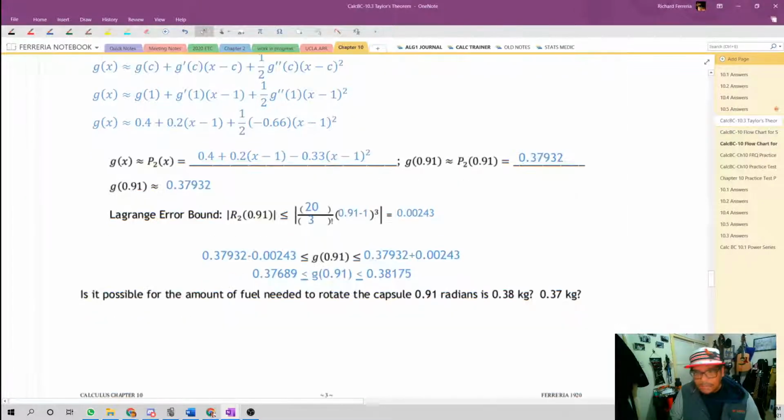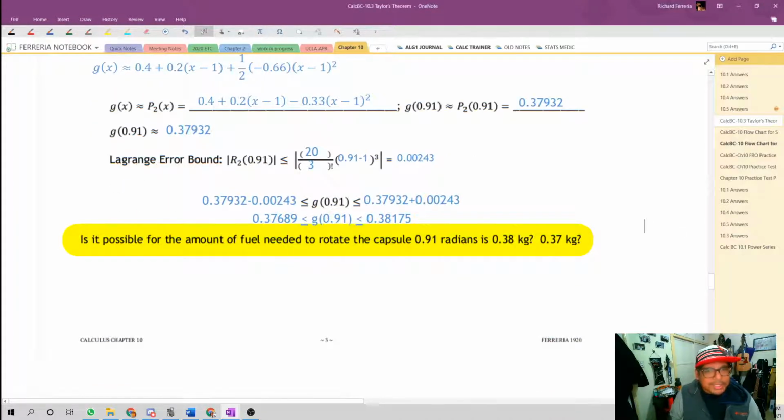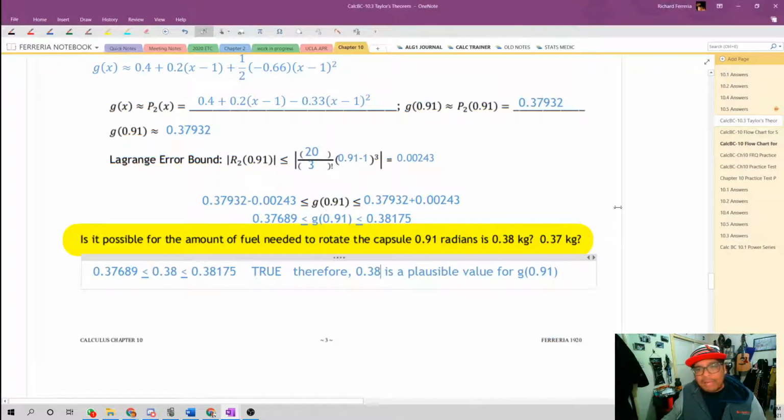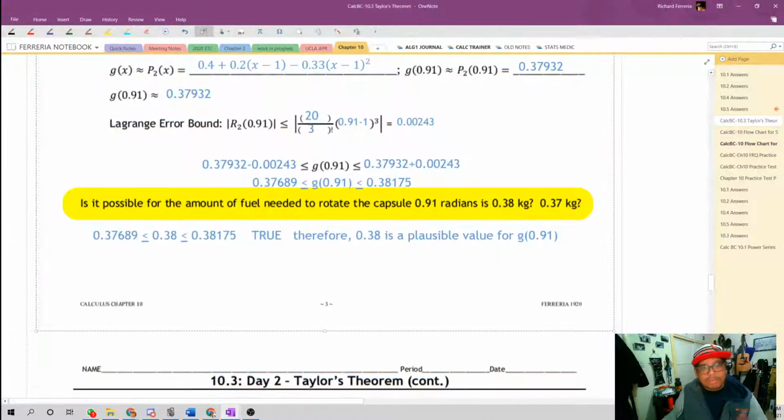Actually, I think that's a little bit of a mistake. We mean 0.38 and 0.37. So let's check 0.38. Does 0.38 fall into our interval? And yes, 0.38 is between 0.376 and 0.381. So 0.38 is a plausible value for g of 0.91.